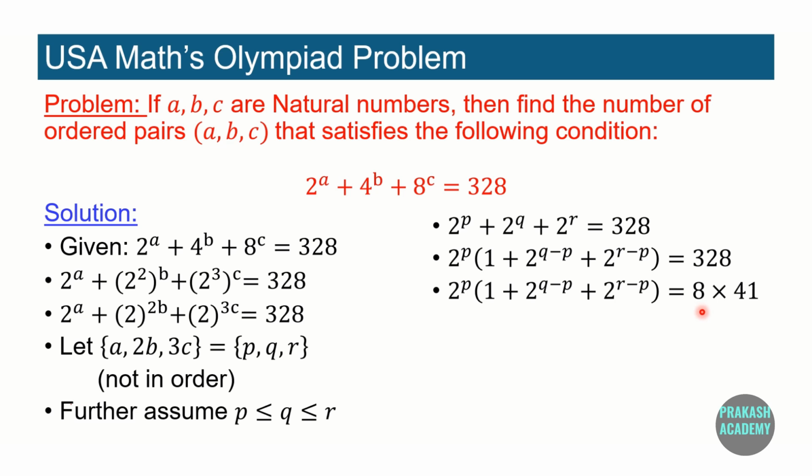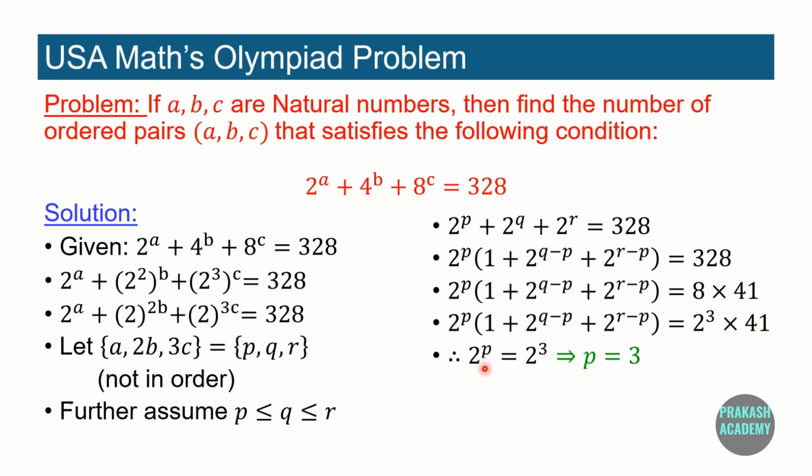Now 328 can be written as 8 into 41, and 8 can be written as 2 cubed, 2 raised to the power 3. Now if you compare, here you have 2 raised to the power 3 and here you have 2 raised to the power P, and here we have 41. So now I can compare. This term is equal to this term. Similarly, the term inside the bracket is equal to 41.